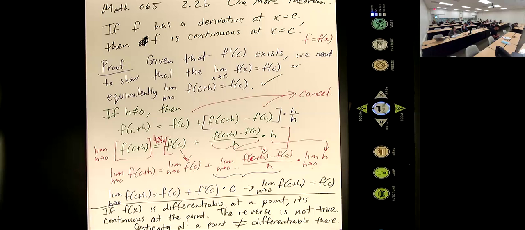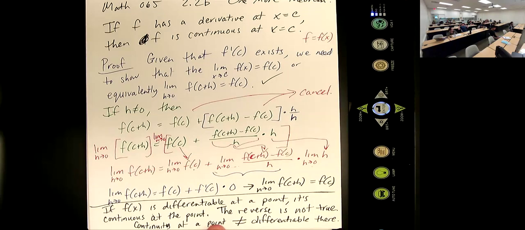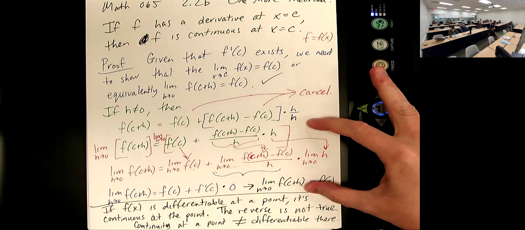I want to say no, but I'm trying to think if there's an example that's contrary to that. No, if it's discontinuous there, it can't be differentiable. Because differentiability implies continuity. You can't have differentiability if it's not continuous there, because this limit is gonna break. What we just did isn't gonna work.